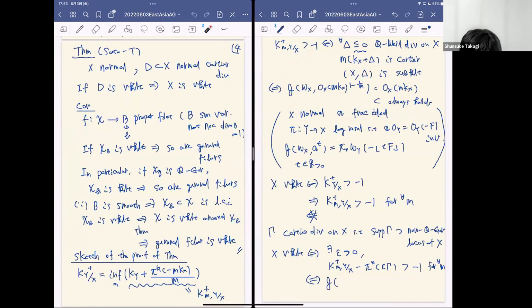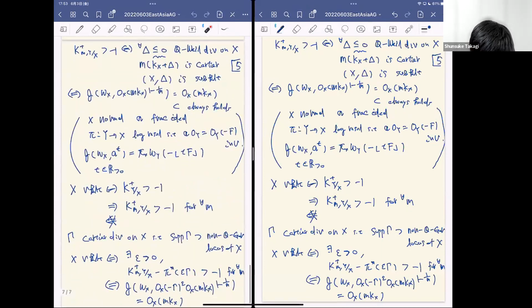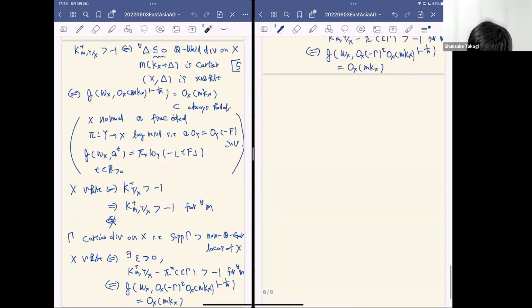So this multiplier ideal sheaf is equal to OX(mKX). And using this characterization, we get a theorem using a restriction theorem for multiplier ideals.